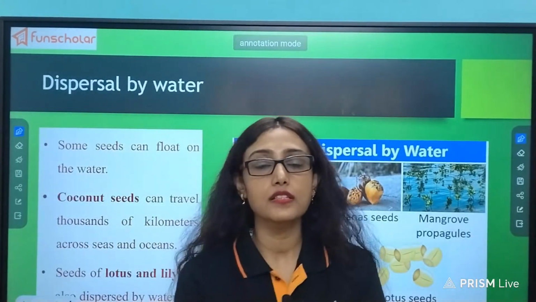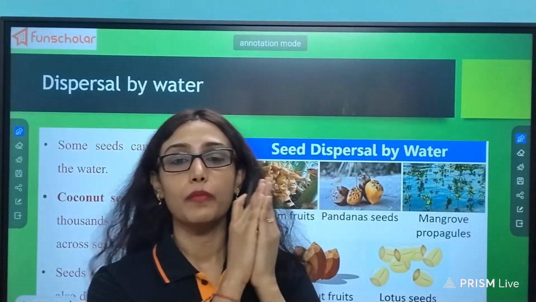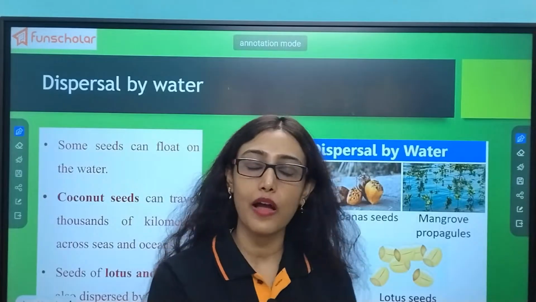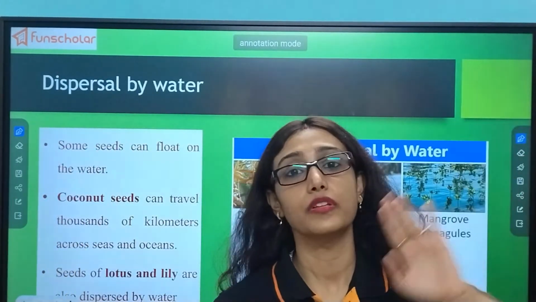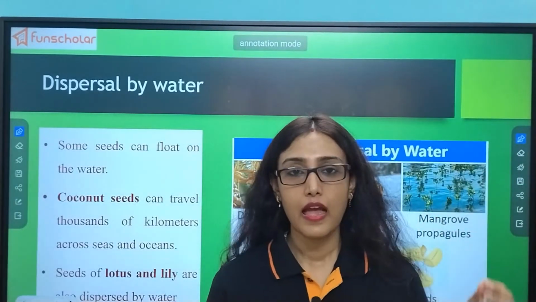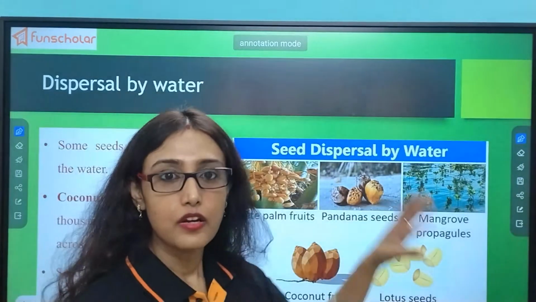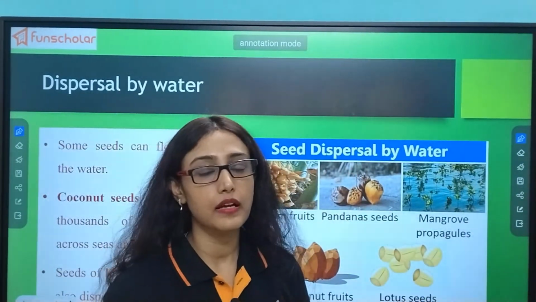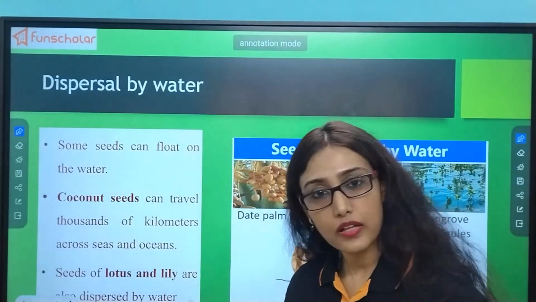In oceans, when a seed falls into the water, it is carried away thousands of kilometers without being destroyed. And if it gets near an island or some other land mass and gets favorable conditions, it will grow into a big coconut tree.